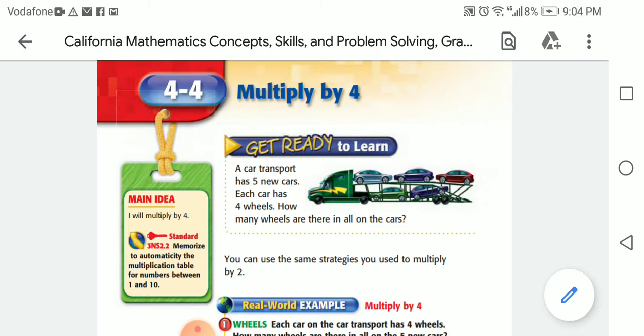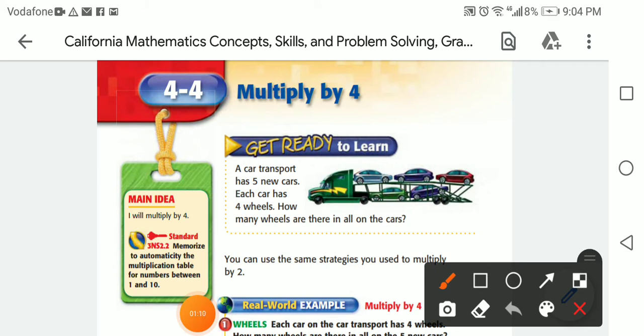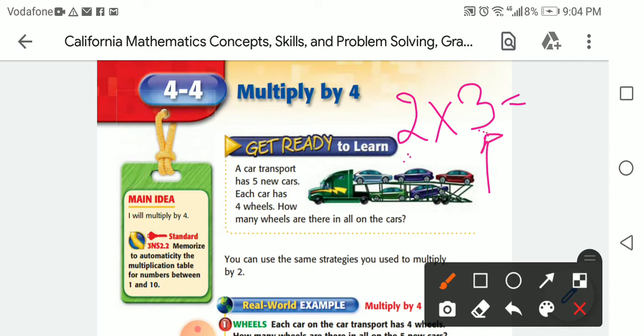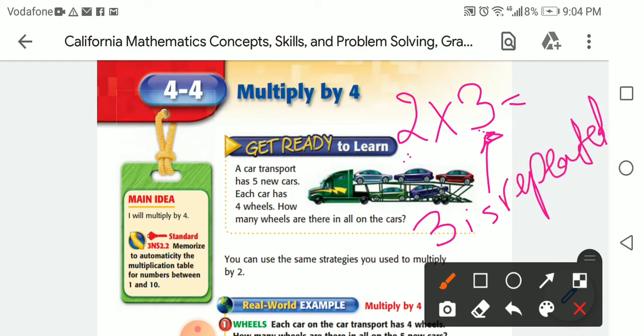Okay, so we have here the concept of multiplication. If I say 2 multiply 3, look at the greater number. Which is the greater, 2 or 3? 3, yes. So 3 here is repeated how many times? 2 times.